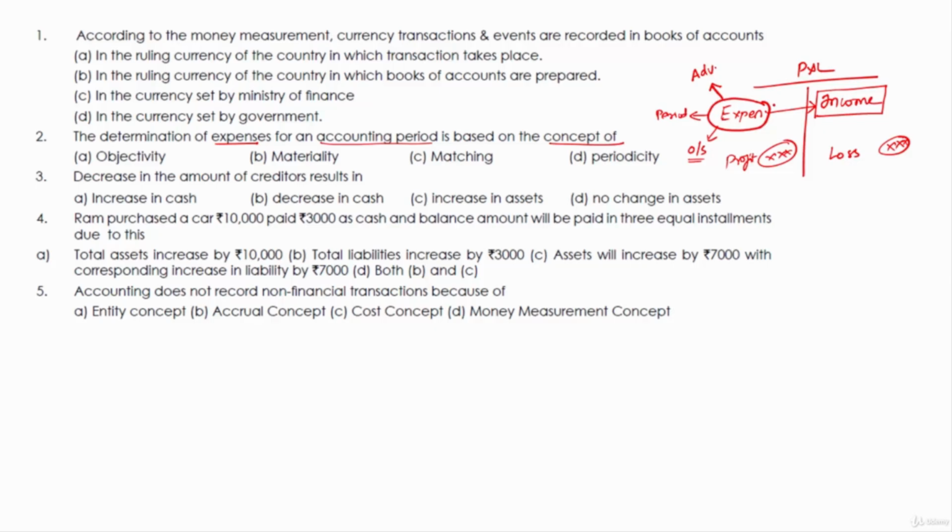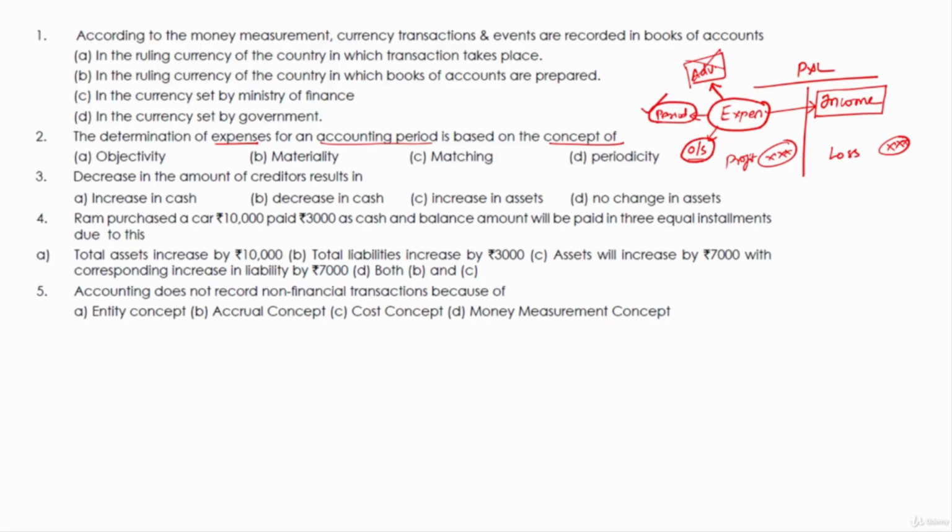You have generated some income, and in that period if you have incurred some expenses, that has to be recorded. Even if you have not yet paid for it, still that has to be recorded. But if you have paid for some expenses and have not realized its income, then those expenses need not be accounted.